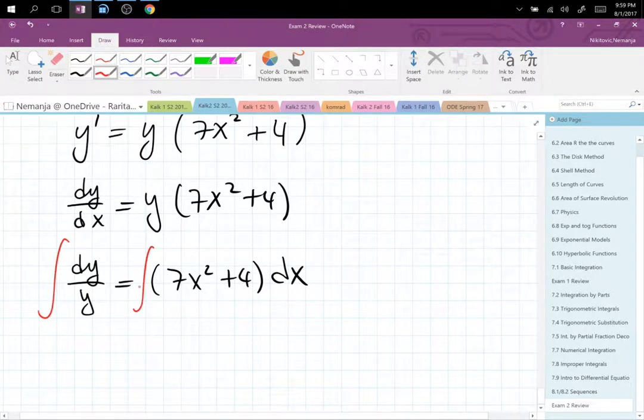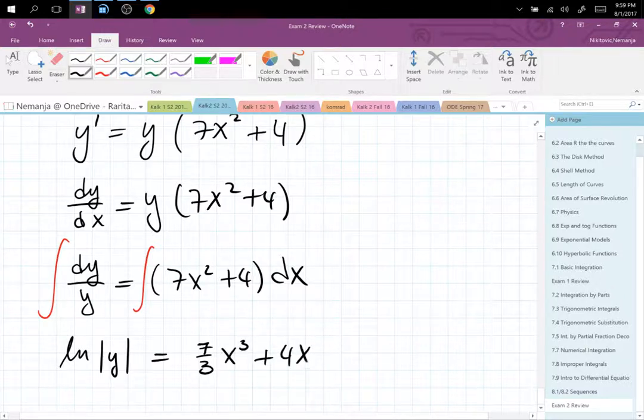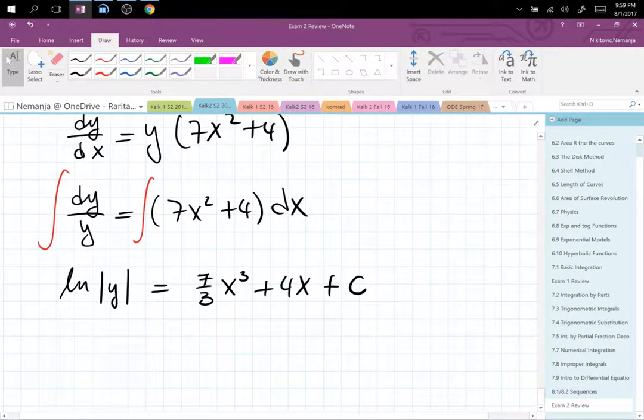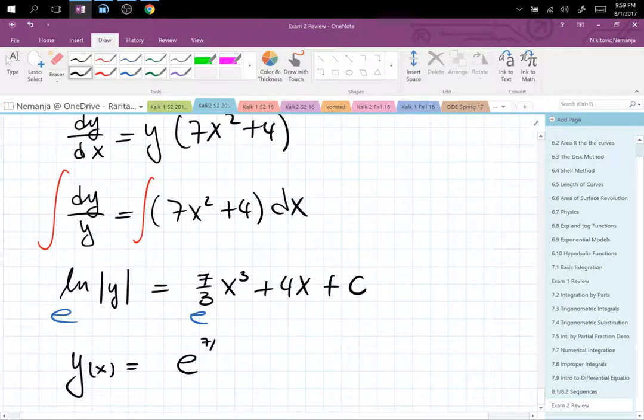Integrate both sides. ln absolute value of y is equal to 7/3 x cubed plus 4x plus c. Hit e on both sides and we're done. Y as a function of x is equal to e to the 7/3 x cubed plus 4x, and then this plus c breaks off as k in front.